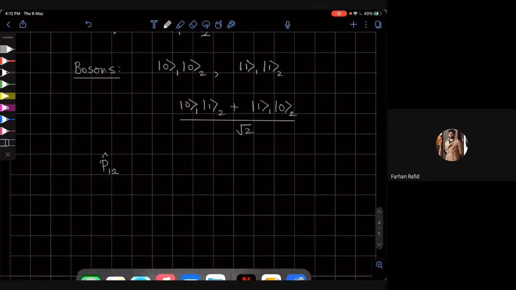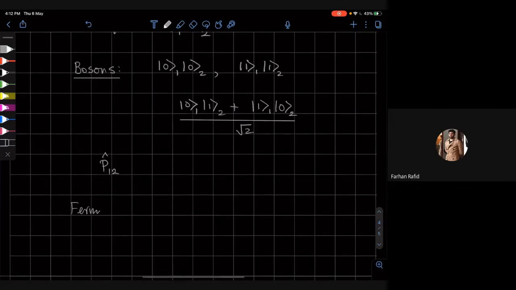Now, if our particles were fermions, then we cannot have the first two. These are not possible. The only thing that we can have is this thing.